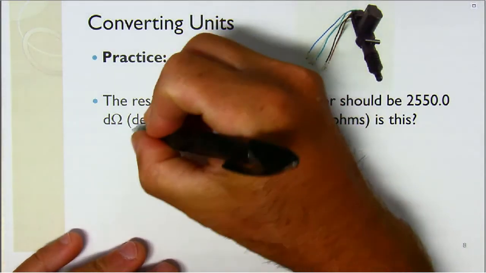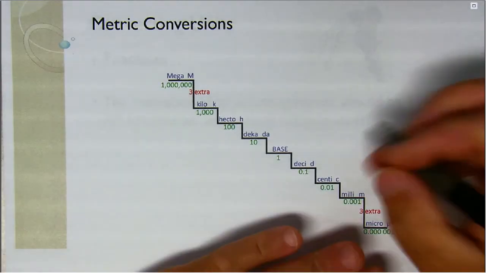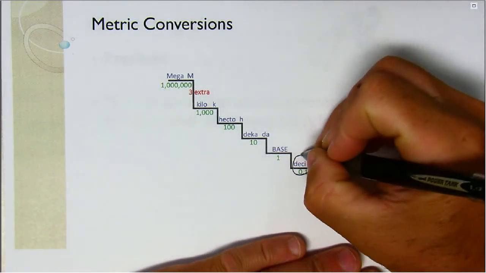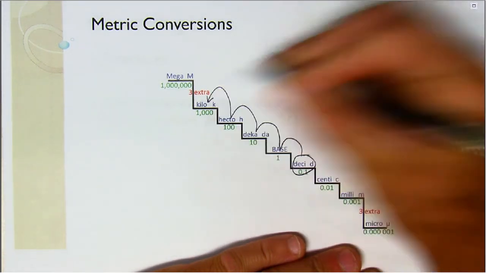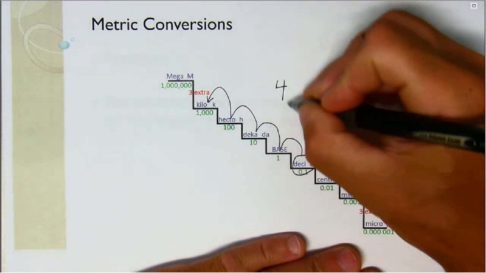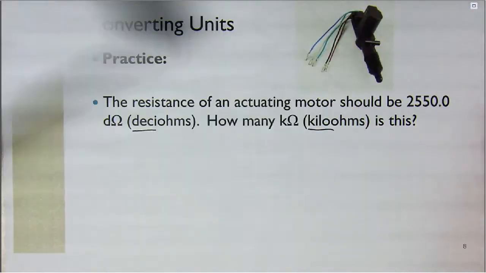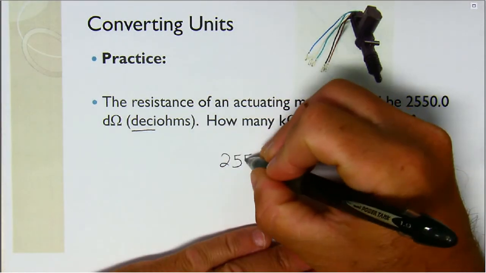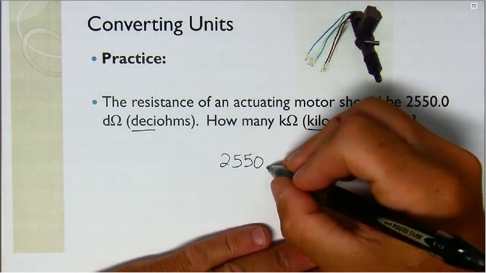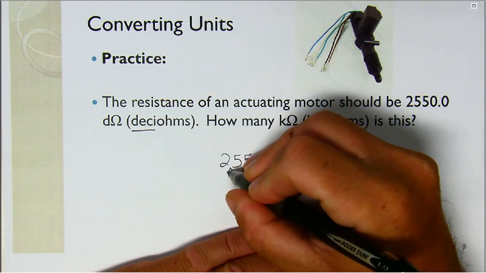Okay, we're going from deci to kilo. Let's take a look at our stairway. Okay, from deci to kilo, we're going 1, 2, 3, 4 places to the left. And if we're going 4 places to the left, then 2550.0 is going to have its decimal moved 4 places over.